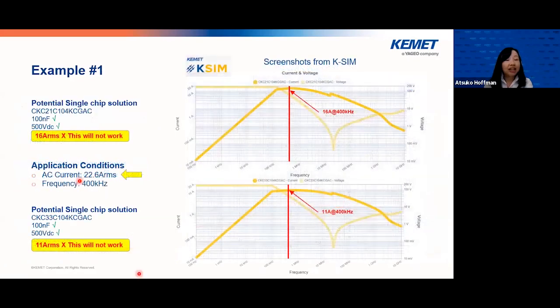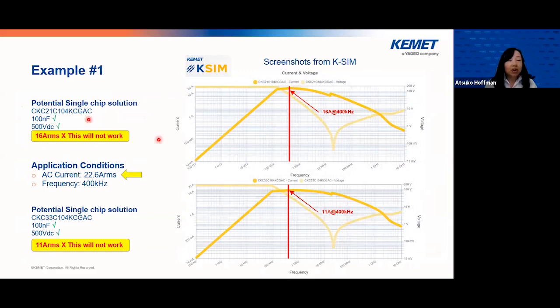Are they good? So what you need to do is go to KSIM, our tool KSIM, and then you go to the current voltage versus frequency plot. And then you can see for each part, at certain frequency, in this case, at 400 kilohertz, what's the ripple current capability of this part. So for the first part, it is 16 amp RMS right here.